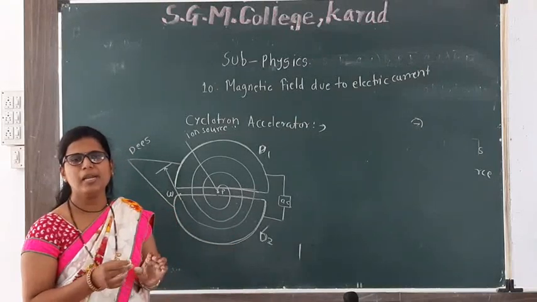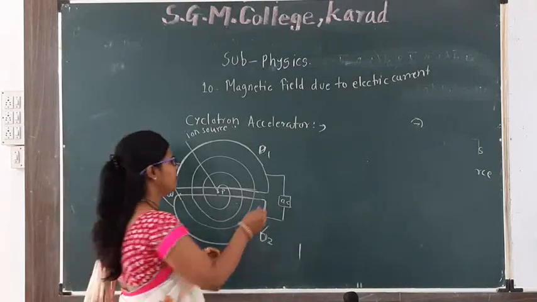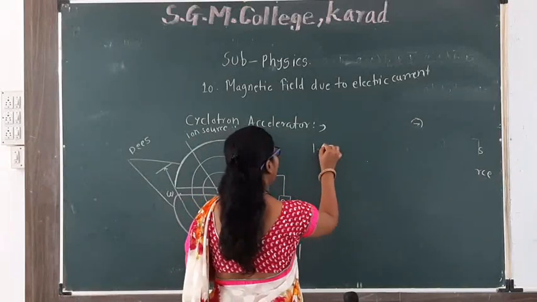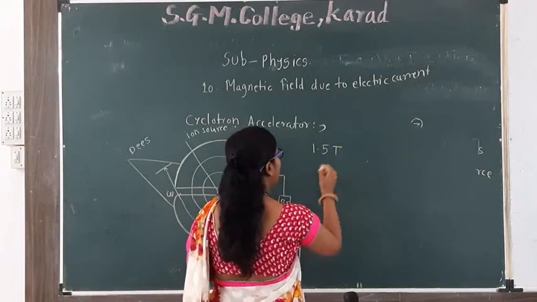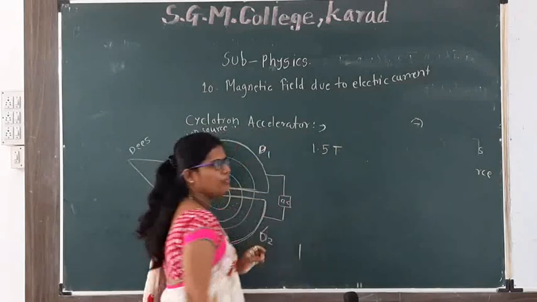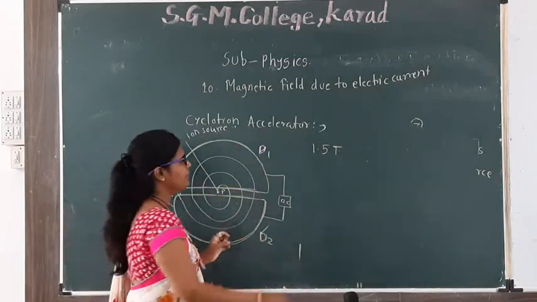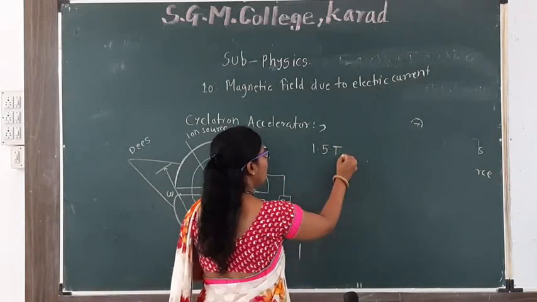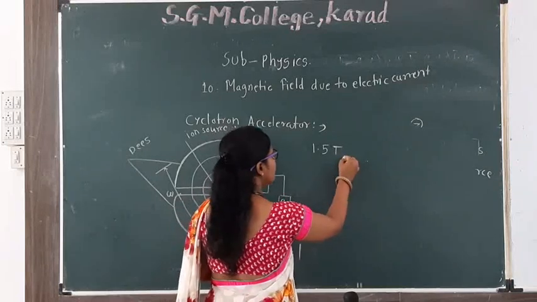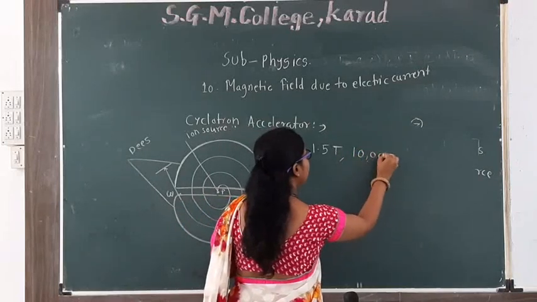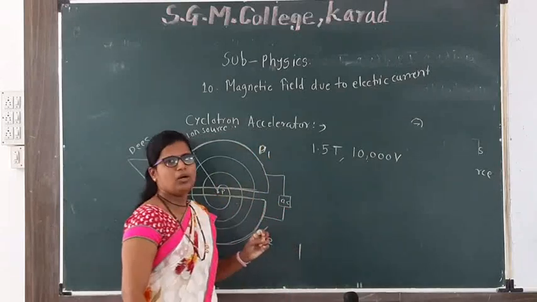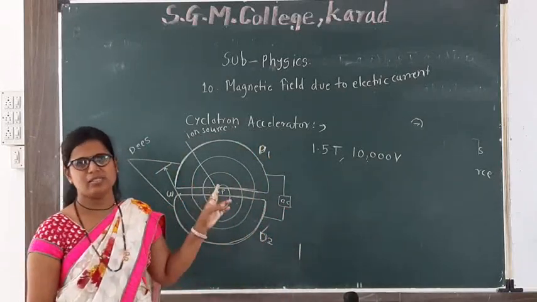The magnetic field is produced by an electromagnet, 1.5 Tesla, and the alternating voltage is 1000 volts up to 10 megahertz.